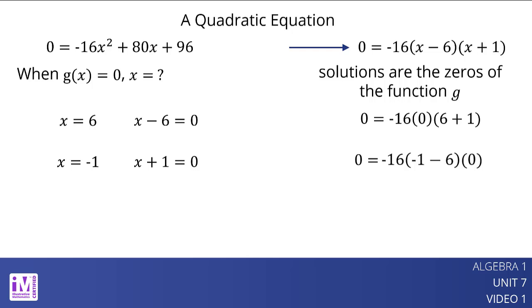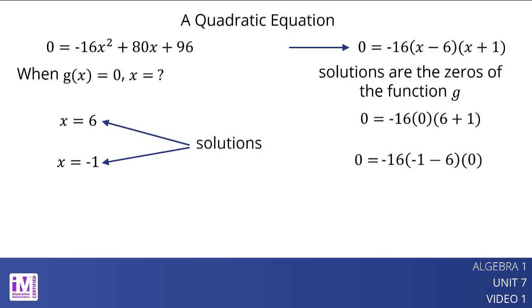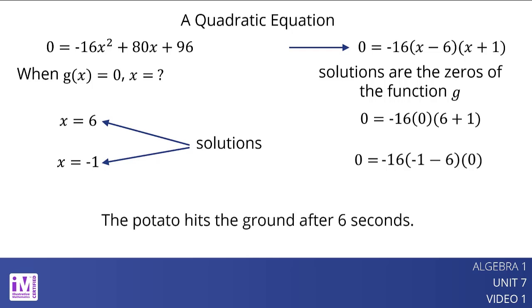This tells us that x equals 6 and x equals negative 1 are solutions to the equation, and that the potato hits the ground after 6 seconds. We can disregard the solution x equals negative 1, since negative 1 seconds doesn't make sense for this situation.